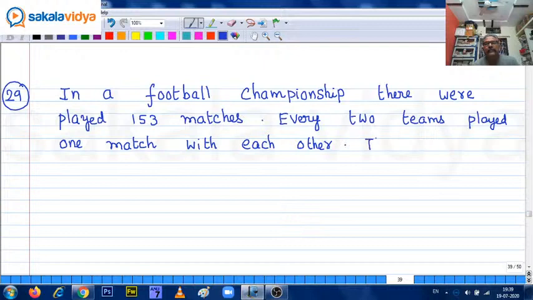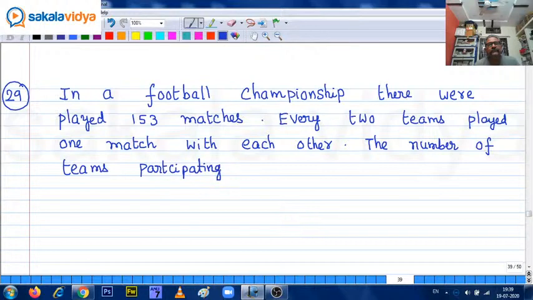The number of teams participating in the championship is... This is the question.